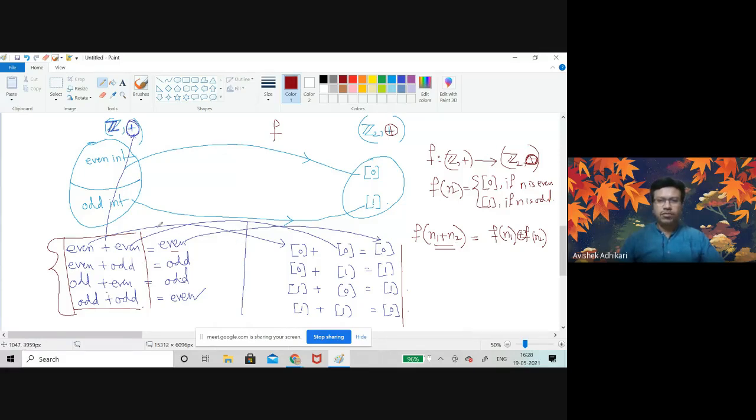Whatever may be the rule, it will go somewhere here, and f(n1) will be something like this and f(n2) will be something like this, but that will certainly be among these. It cannot go out of this. So as a result, you can understand that this property is satisfied. So let us try to prove it formally.